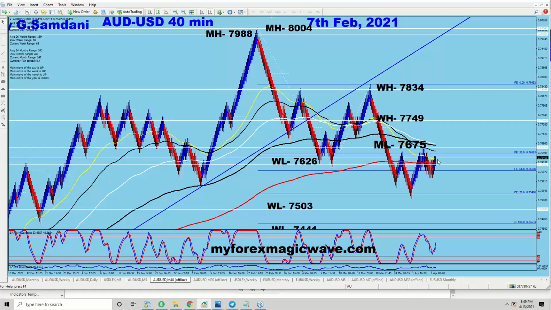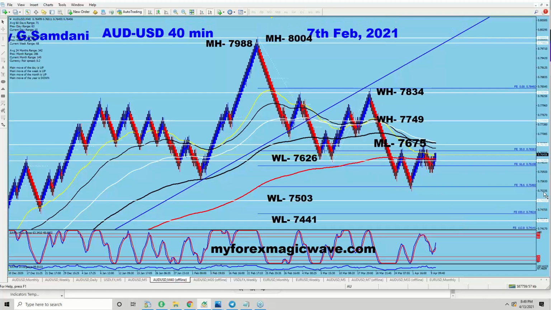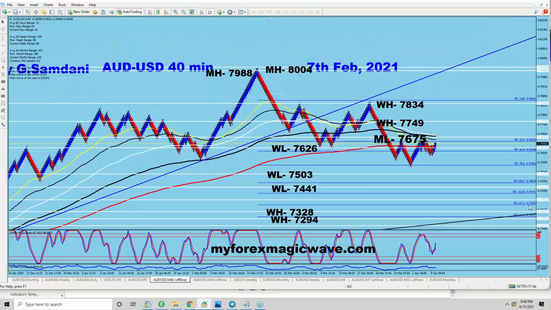We went up there a little bit, but all in all, we are below the wave and below the yellow line, and the yellow line is below the black line. So we are in short bias, right? So we have wave 3 ending here, wave 4, wave 5. Then this could be 1 or A, then 2 or B, and 3 coming down to the downside. Maybe 100%, maybe 127 or 1.618 into these areas.